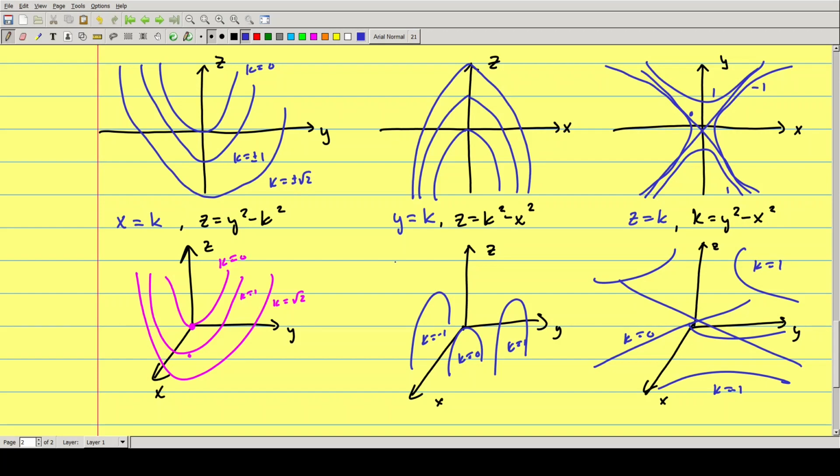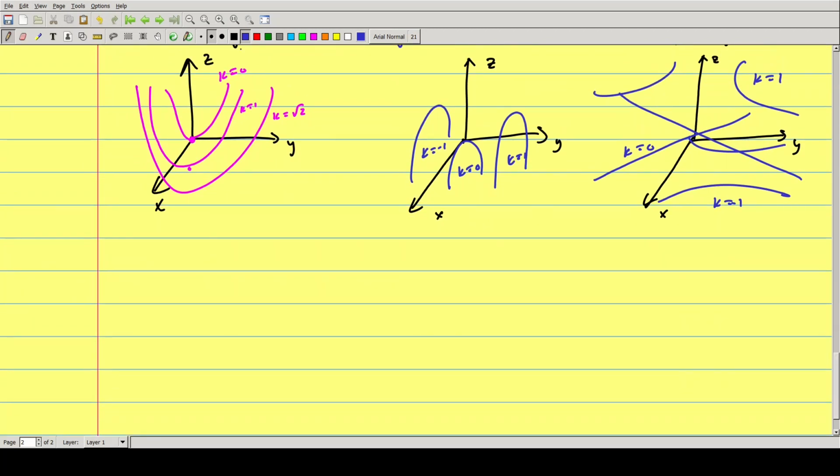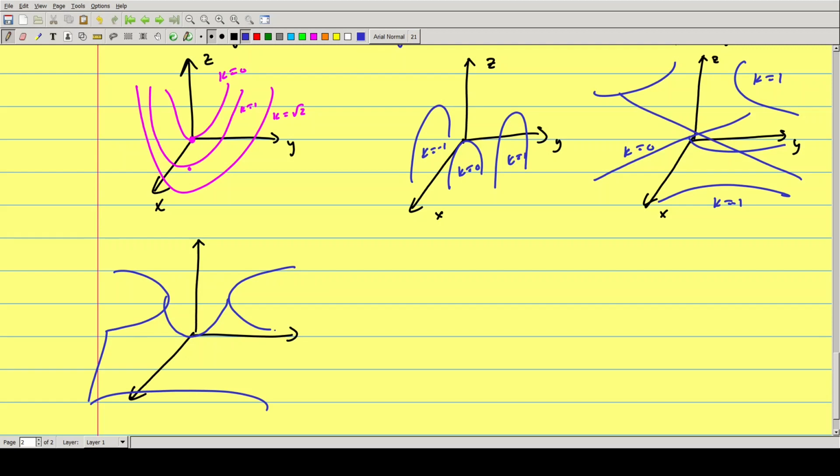Now, taking all this information and synthesizing it into a single thing is a little tricky. But it looks like this.